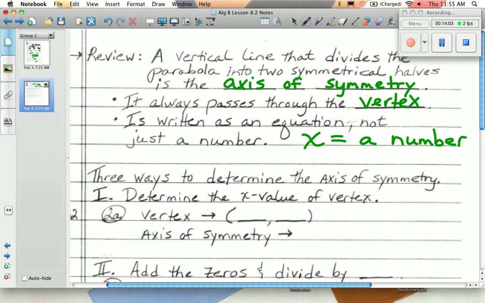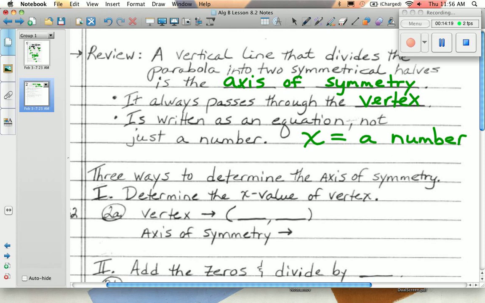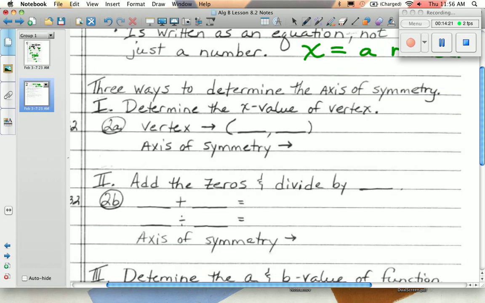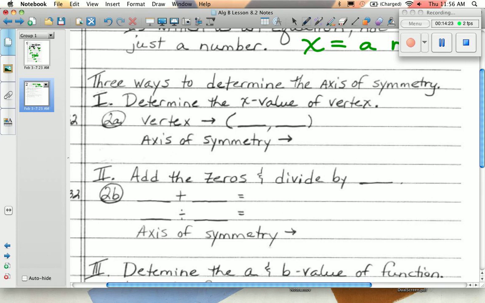The ordered pair for the vertex. The vertex is on that line of symmetry. That vertex has an x value. So remember, every point on that line of symmetry has the same x value, so we should be able to steal that x value right from the vertex and say, oh, that's the number we're going to set x equal to.